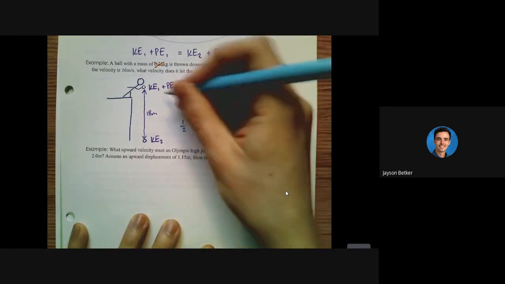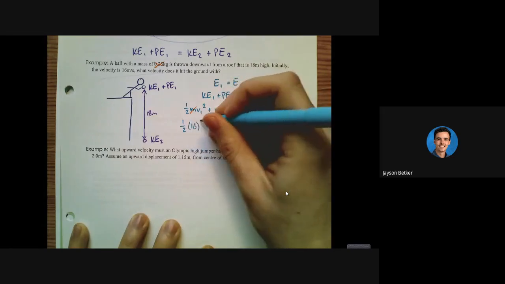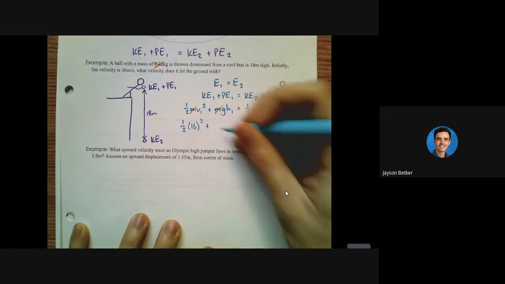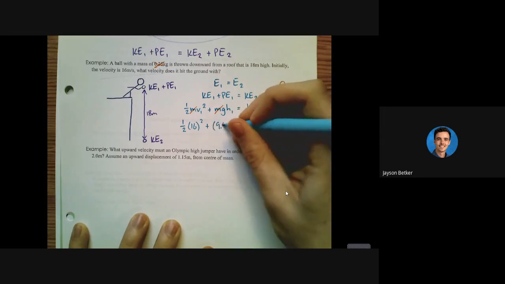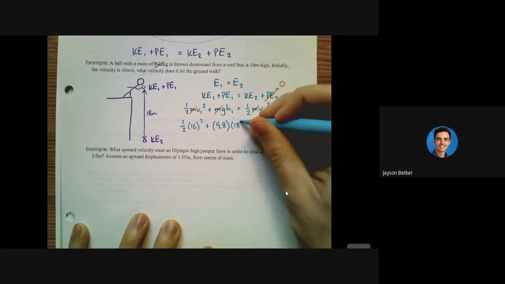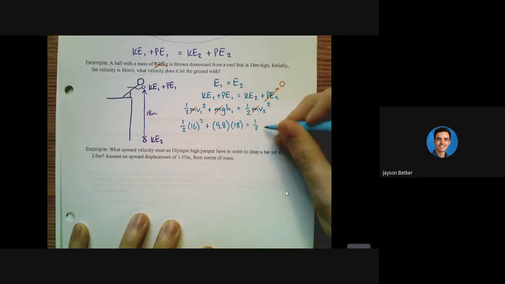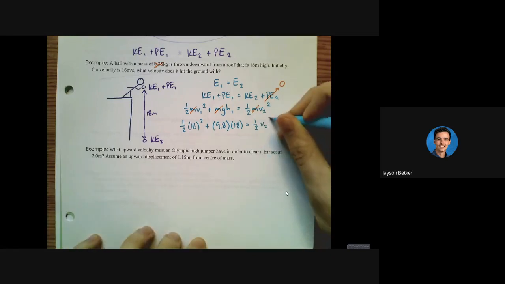1/2, we'll plug in our initial velocity, 16 squared, plus g, which is 9.8, times the height, which is 18, equals 1/2 times, we're trying to find V2 squared.